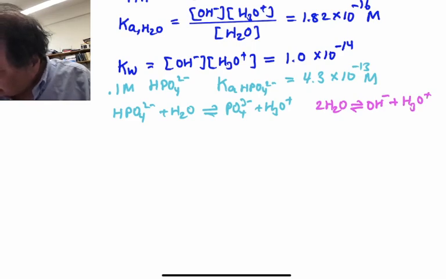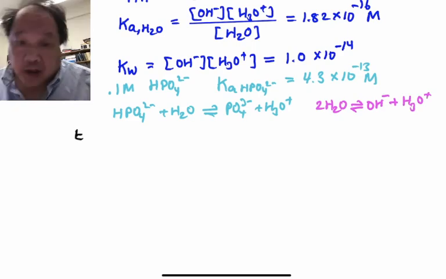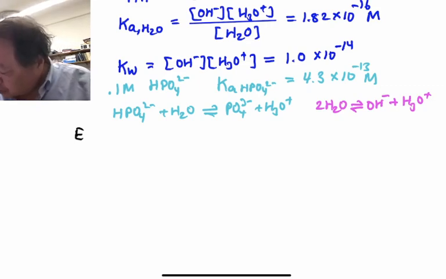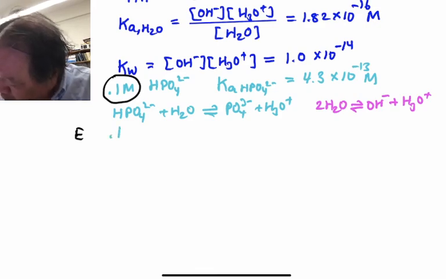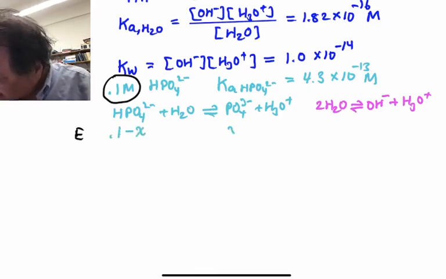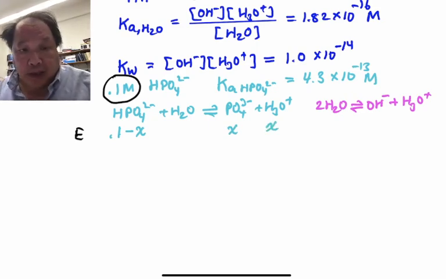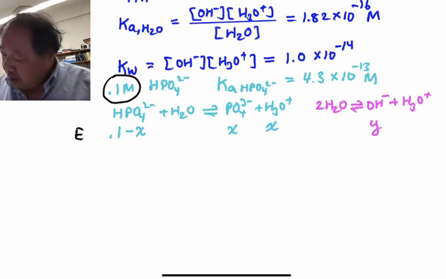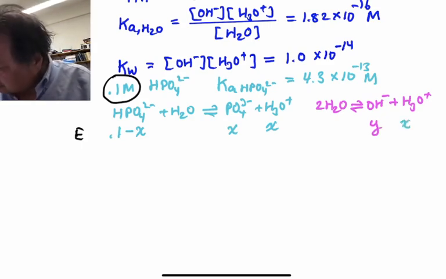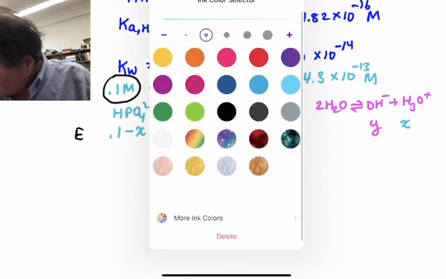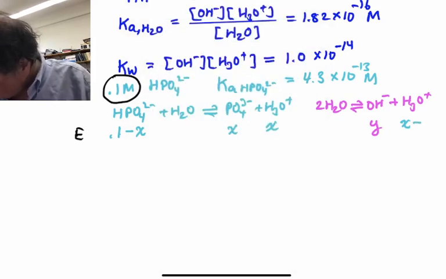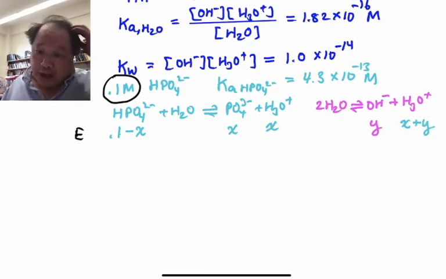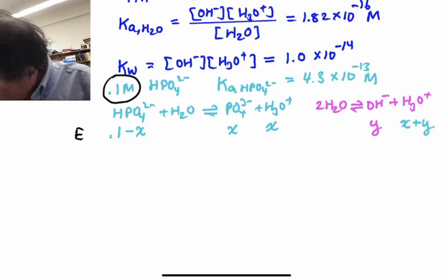And if we look at the E line of the ICE table for both, we're starting off with 0.1 molar, so it's going to be 0.1 minus the dissociation of this acid, and this first reaction will produce X amount of H3O+, and the second reaction, the auto-ionization, will also take place with a different variable Y. It will also produce some H3O+, so it's going to be X plus Y.